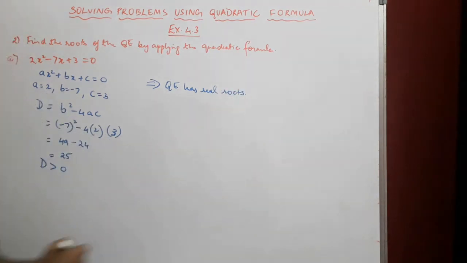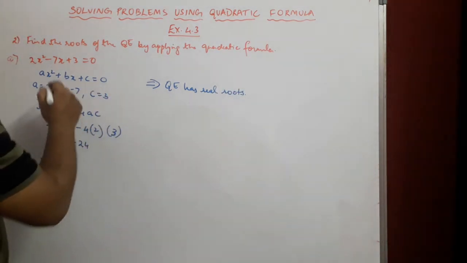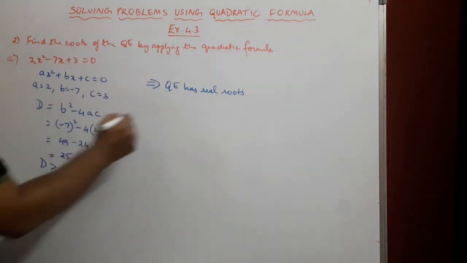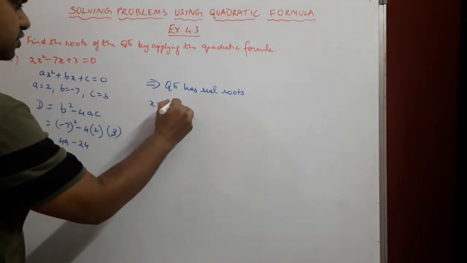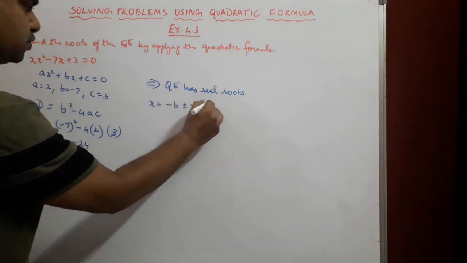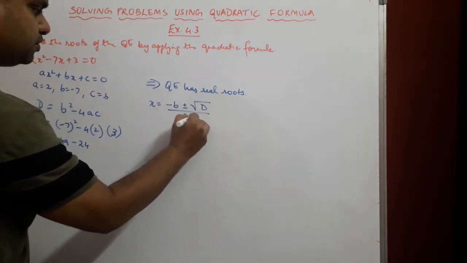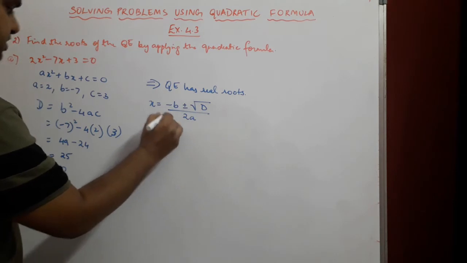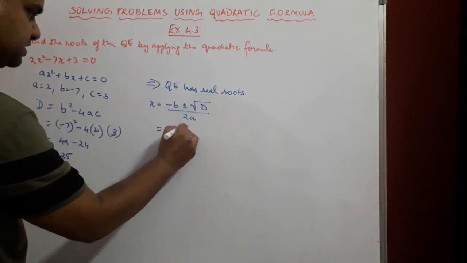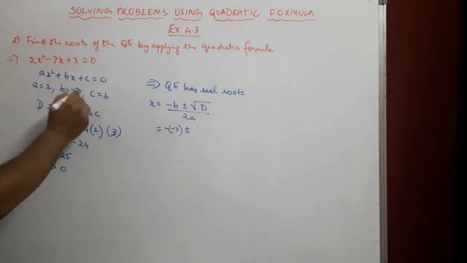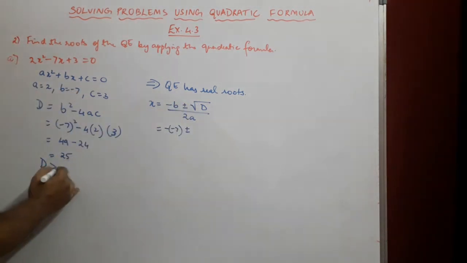Now that we know that it has got real roots, let's go to find out the roots of this particular equation. So what is the formula, quadratic formula? It is x equal to minus b plus or minus square root d upon 2a. What is b? b is minus 7. So it is minus of minus 7 plus or minus root d. d is 25.